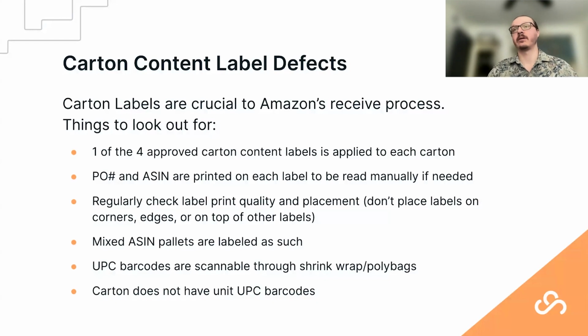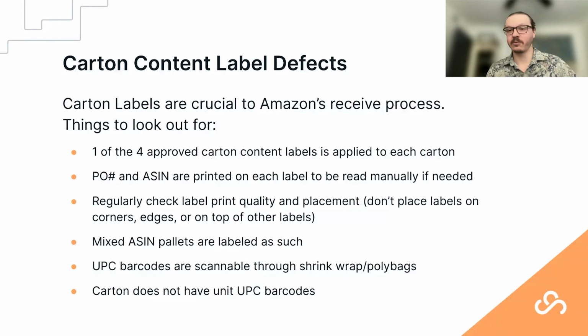Couple other things on here. UPC barcodes we often see are scannable on the exterior of a carton for whatever reason, whether that is through some type of shrink wrap or poly bag. So if it's a case of bottles or something, we can sometimes see a UPC that we can scan through. Anytime there's a UPC that can get scanned, it can cause problems.